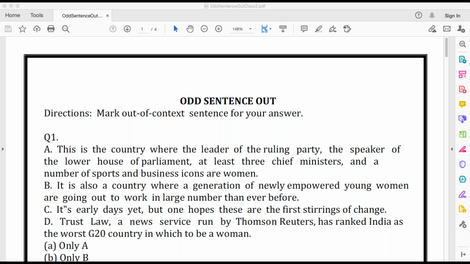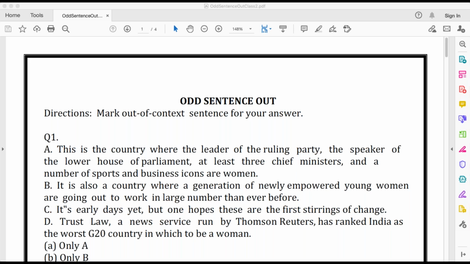The major thing which we need to remember for this type of odd sentence out question is, just like in parajumbles where we try to identify the connect between the two sentences, either seeing if they are talking of a common noun or a common pronoun or a common subject, or they are linked in a way where I can say that these sentences are pulled out from a same paragraph or from a same story about a topic.